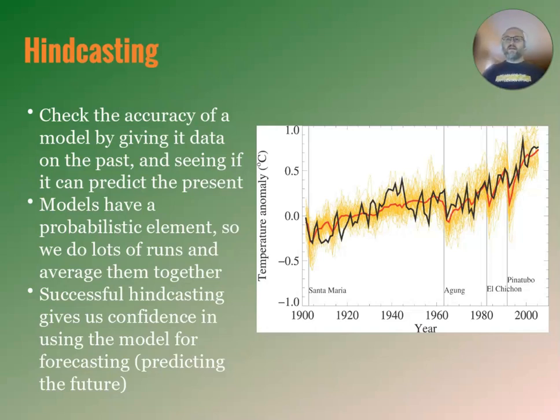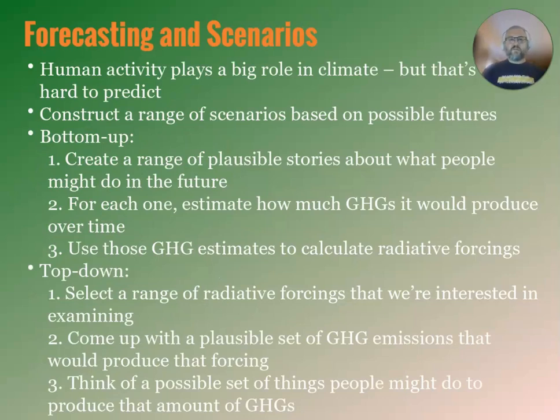So if the model does a good job of hindcasting, if it's able to predict things that we already know the data for, then that gives us confidence that we can forecast with the model, that we can take this model, give it today's data, and have it project the future. So in order to do that, we do have one important complication.